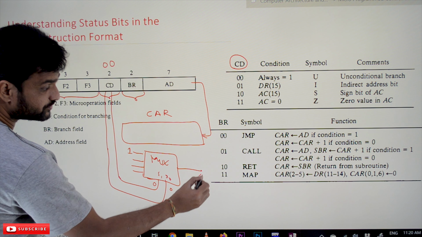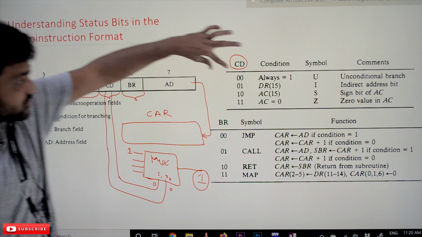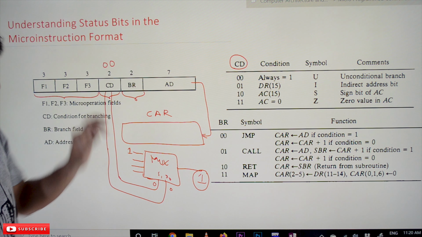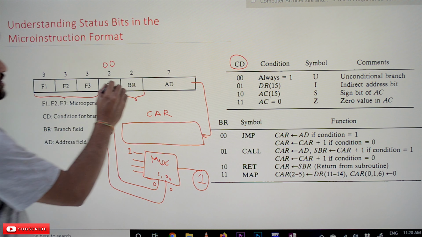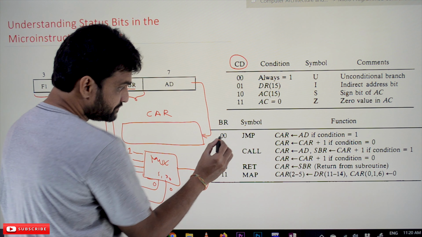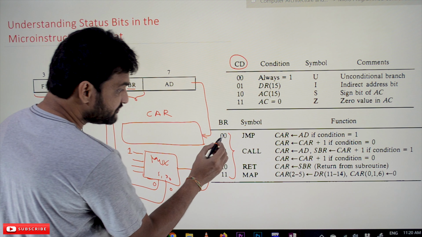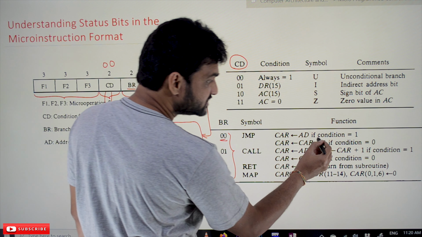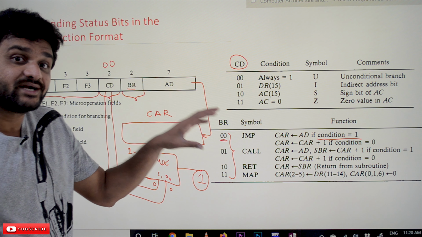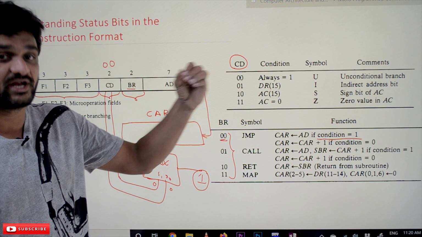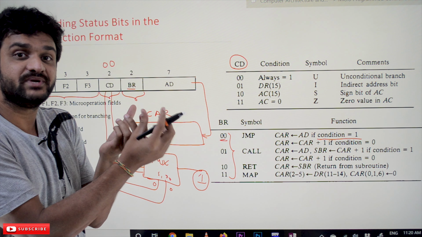Based upon the combinations of these CD values, the multiplexer generates an output, and BR also has 4 combinations with 2 bits. We will completely understand the hardware part of this in our later videos. In this video, try to remember the CD and BR combinations.